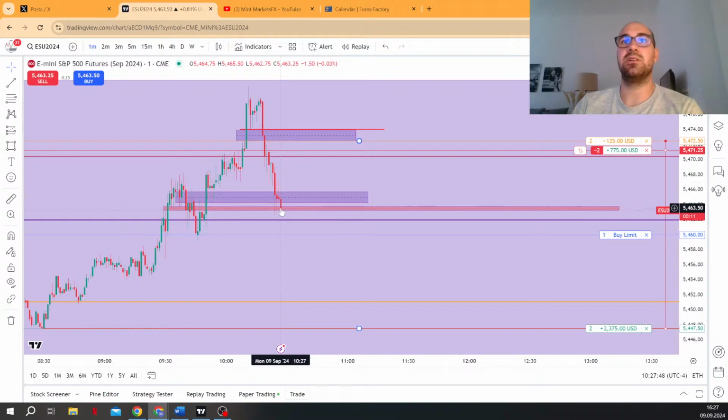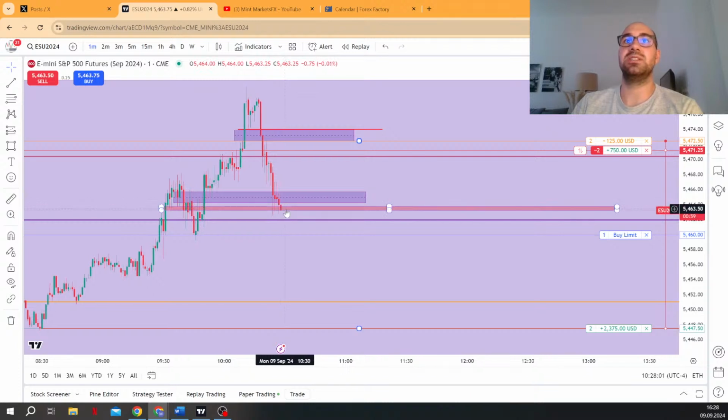I want to see it close below this red area here, trade through and close below it, and this become an inversion level. That would be ideal. We traded through it, and now I want to see this become resistance to the downside. I want to see this low being attacked here. Here is the premium high of this opening range gap here.